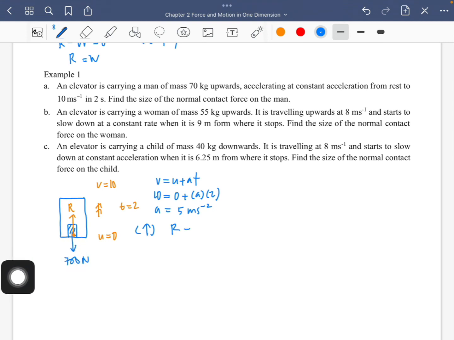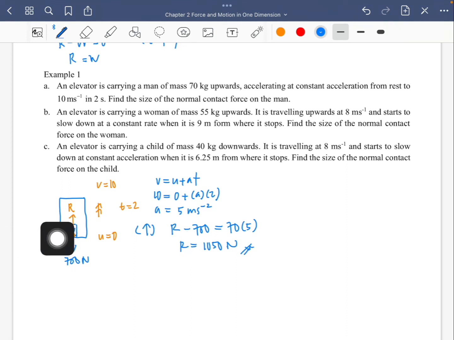Then in our equation, we put negative 700 for the weight and equate it with 70 for the mass multiplied by the acceleration that we found just now, which is 5. So the normal reaction force we will have here is 1050 Newton. So there is a normal reaction force acting on the man from the floor of the elevator with a magnitude of 1050 Newton. This is the solution for question A.